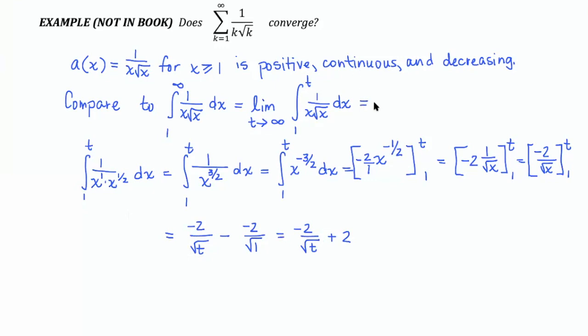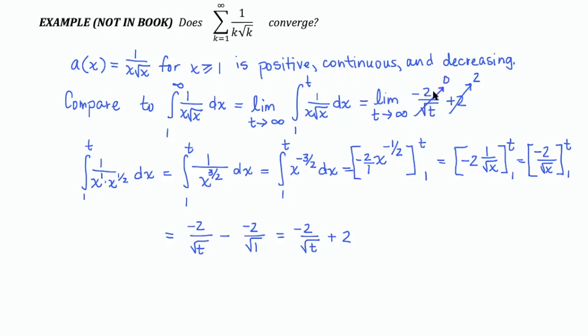I can now go back and apply my limit as t goes to infinity to this expression. And again, I need to determine as t gets bigger and bigger what happens here. The limit of a constant is that constant, so this second term just goes to 2. As t gets bigger and bigger and goes to infinity, so t starts out small, like 1 or 4, then it gets bigger to 10, 100, 1,000, a million, this whole fraction is going to head towards 0.